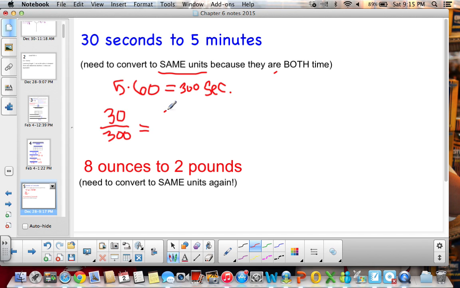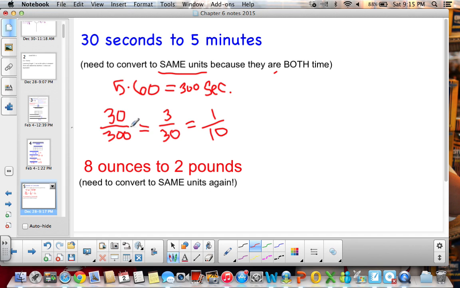So 30 divided by 10 is 3. 300 divided by 10 would be 30. And then I can see again that they can both be divided by 3. So 3 divided by 3 is 1. And 30 divided by 3 is 10. And I know that I could have just done everything divided by 30 and gotten to 1/10, and if that's what you were thinking, you totally could have done that.